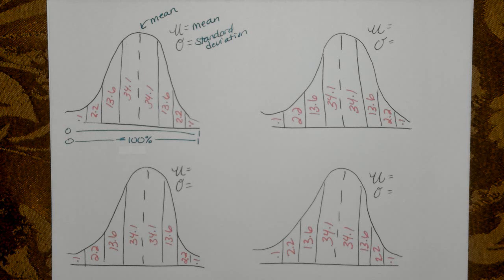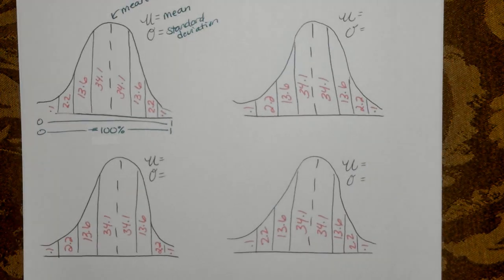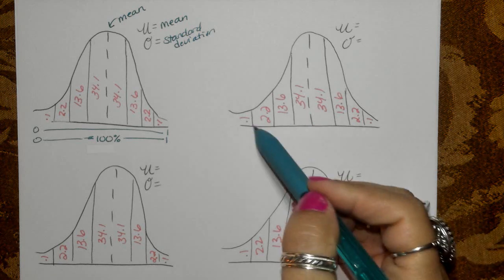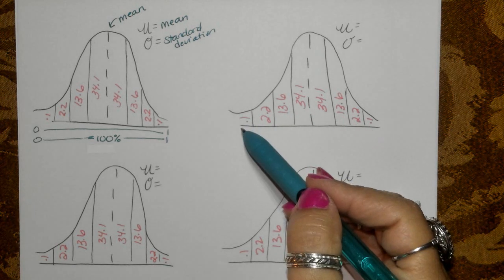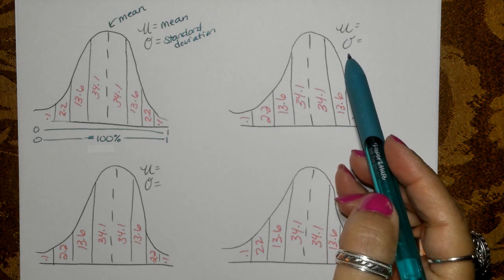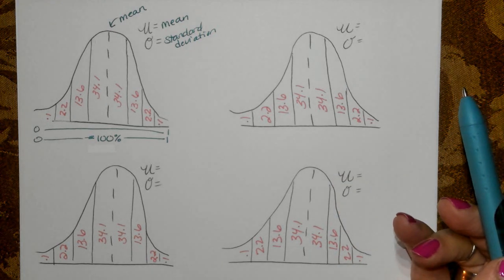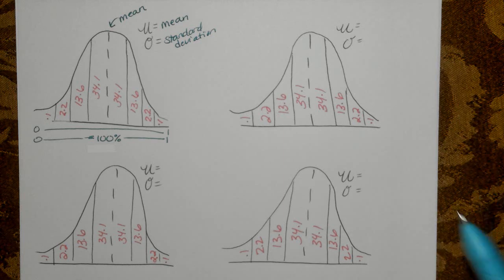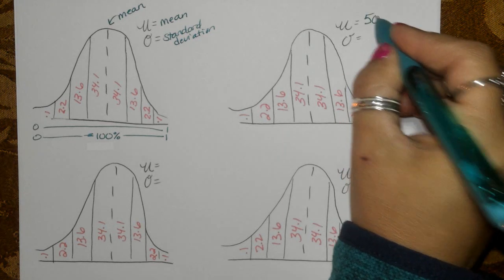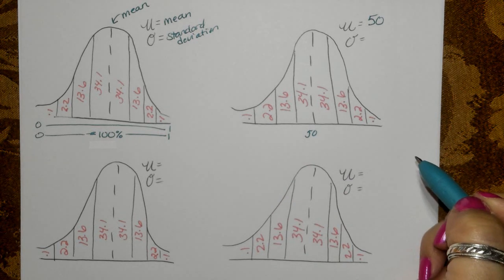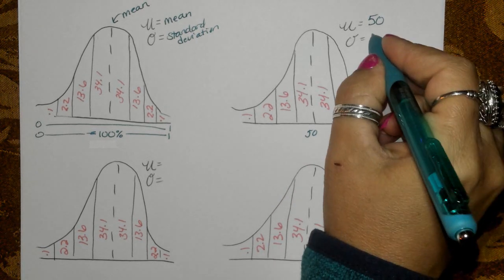So I'm going to show you some problems just so you can see it working, okay? For these problems, we have to do our bell curve. We can fill in our probabilities, but what you need is your mean and your standard deviation, and they will tell you. Our first problem: a standardized test has a mean of 50. That mean goes right in the center, 50, and a standard deviation of 4.